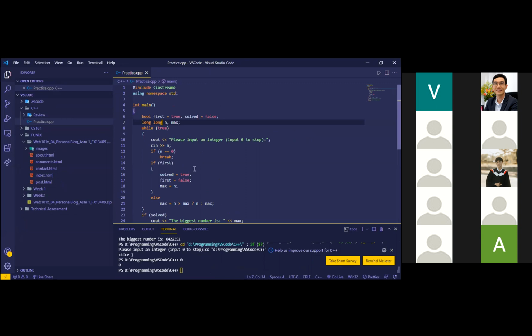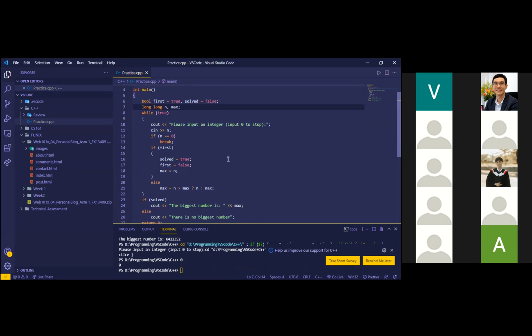Okay, again, another one. I don't know why, but most of you, when you learned in high school, prefer to set up true in the while loop and then try to jump out.